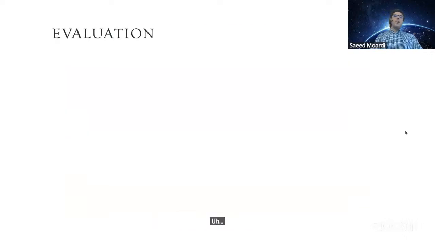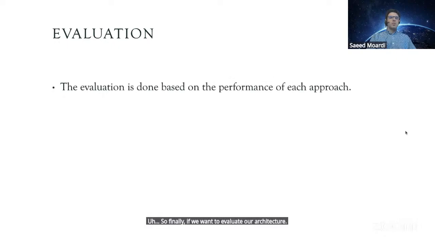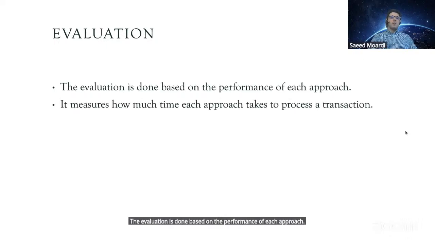So finally, if we want to evaluate our architecture, we decided to do the evaluation in the following way. The evaluation is based on the performance of each approach, and it measures how much time each approach takes to process a transaction.